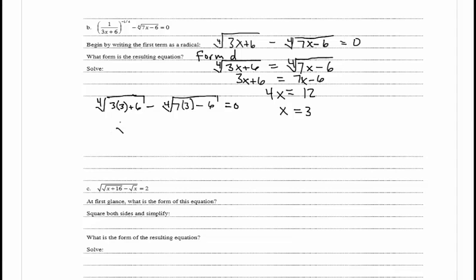So we have the fourth root of 15 minus 7 times 3 is 21 minus 6 is 15. The fourth root of 15, and this is equal to 0. And the fourth root of 15 minus the fourth root of 15 is equal to 0. So our solution set is 3.